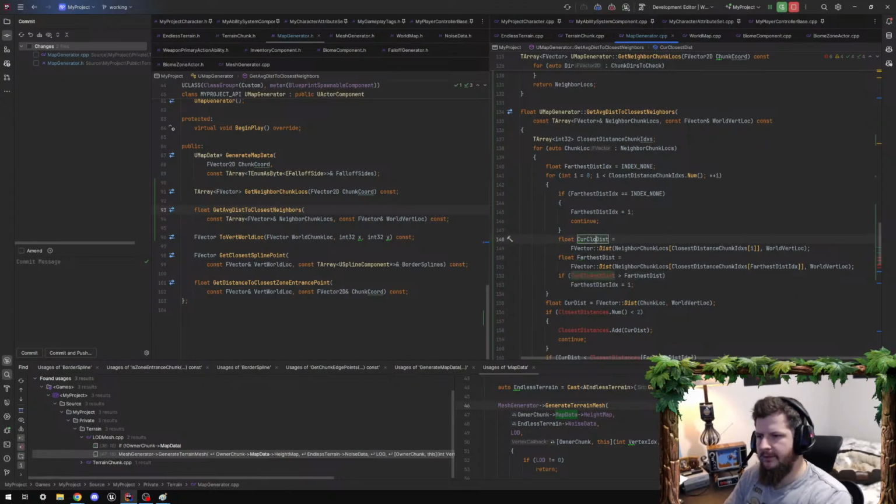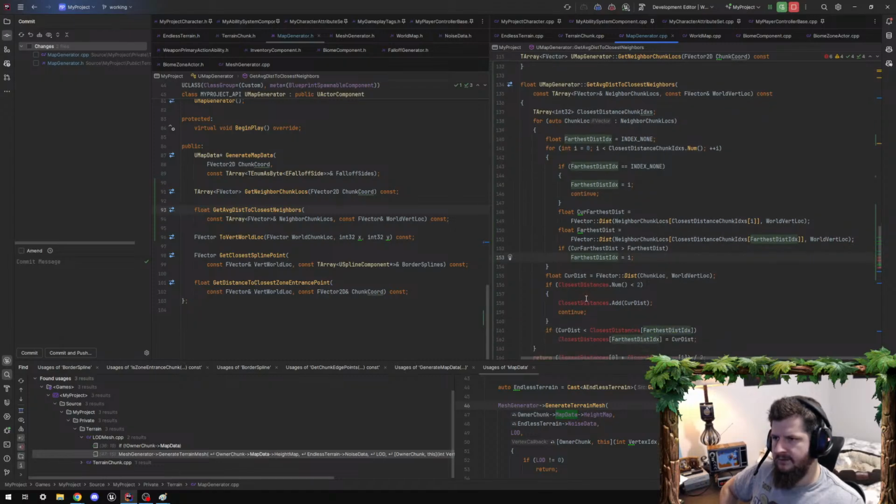This should be actually cur. If the current farthest distance that we're iterating over is greater than the old farthest distance, then we set the farthest distance index to this index.